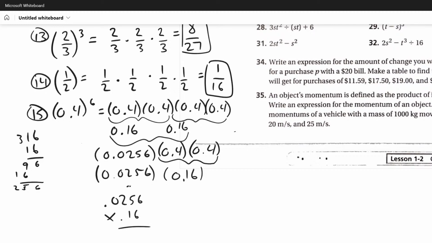So this is going to be 36, that's 33, that's 12, 13, 14, 15. And then this is 2, 5, 6, 6, 9, 0, 4. And then I have to move 1, 2, 3, 4, 5, 6. 1, 2, 3, 4, 5, 6. Oh boy, this is a tiny number, 0.04096. I actually might have known it was 4096.